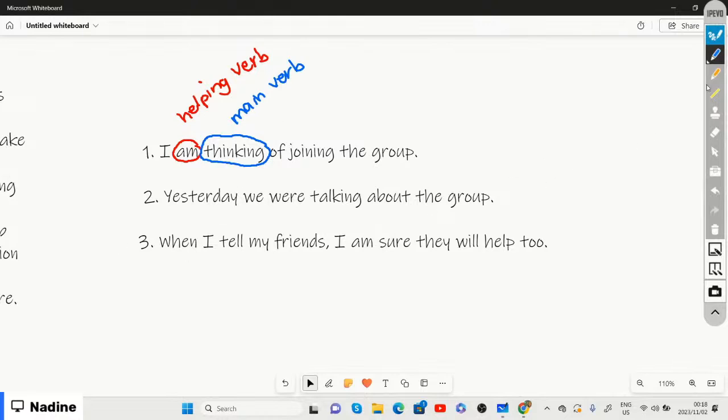All right. So now if we look at the second one, sentence 2. Yesterday we were talking about the group. So yesterday we were talking about the group. Can you identify the main verb within the sentence? The main verb.